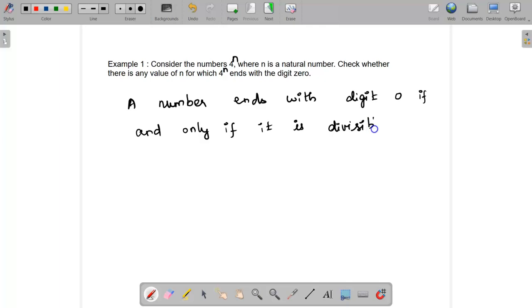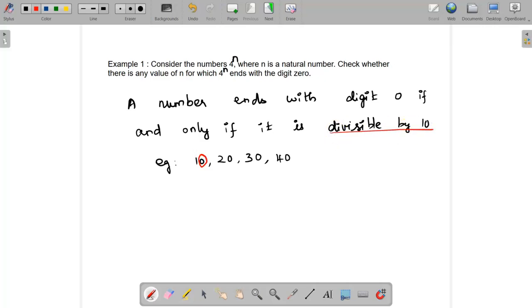Examples for that are 10, 20, 30, 40 and so on, right. These are all the numbers which are divisible by 10, and these numbers also end with the digit 0. So in simple words, any number that ends with 0 is always divisible by 10.